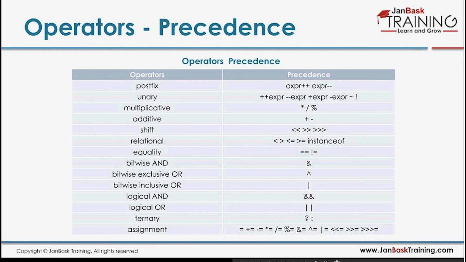Then we have got logical AND, and the ternary operator, which is a question mark and a colon. We'll see the ternary operator later on in the course, or maybe we might have an example today as well, wherein ternary is like an extension of the if else condition.